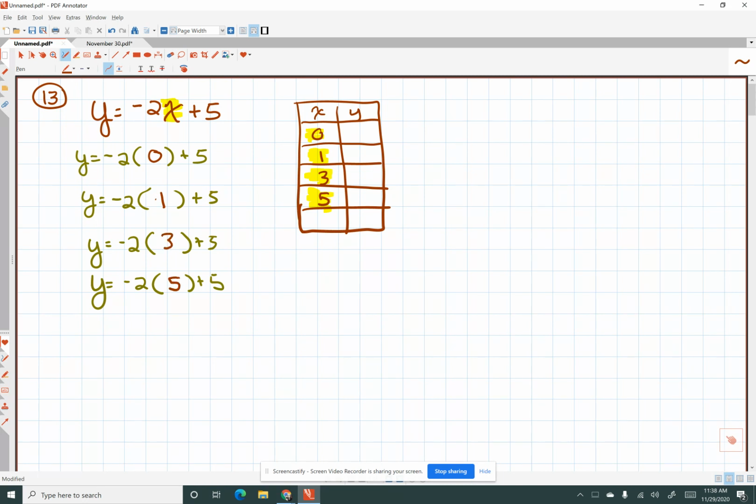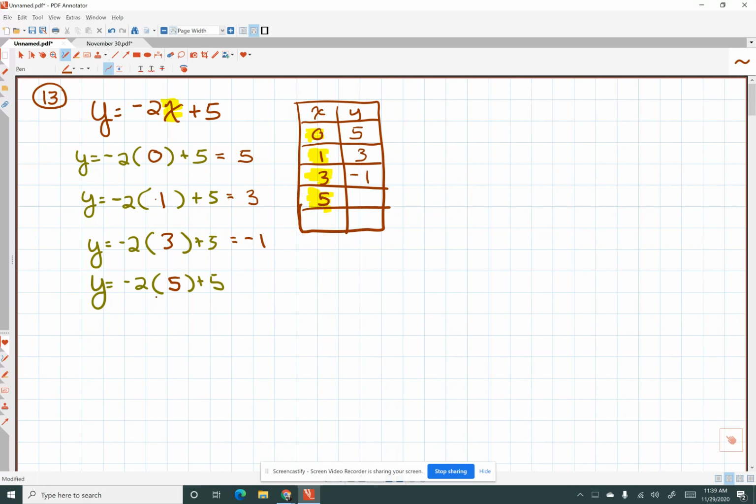So as we evaluate these, especially the first one's pretty easy. Negative 2 times 0 is 0, plus 5 is 5. So that 5 will go right there in our table of values. Negative 2 times 1 plus 5 equals 3, negative 2 times 3 is negative 6 plus 5 equals negative 1.